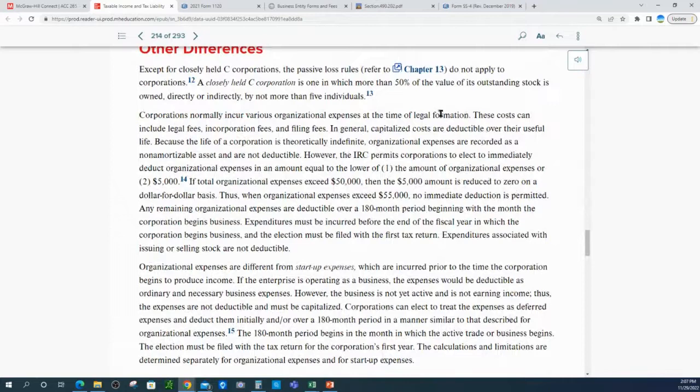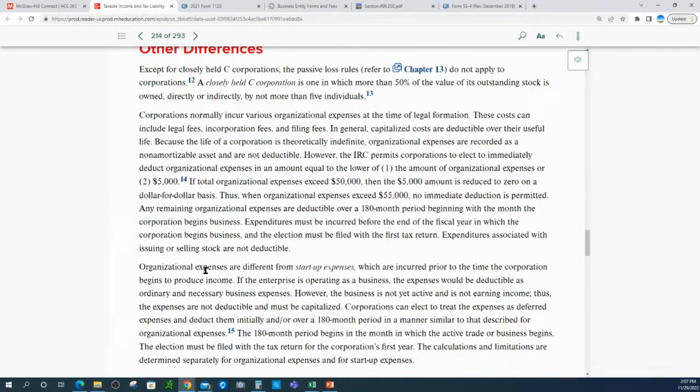So there are some special rules with regard to organizational expenses and startup expenses. First off, those are two separate types of expenses. When you start up a company, oftentimes you're going to incur expenses and have no income. So what they allow you to do is take up to $5,000 of those startup expenses.